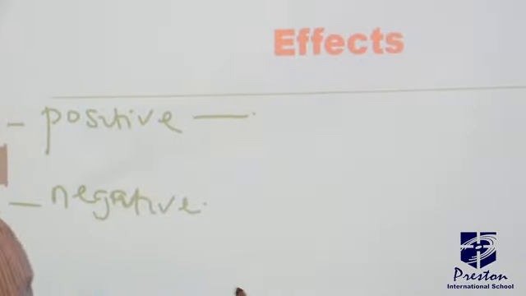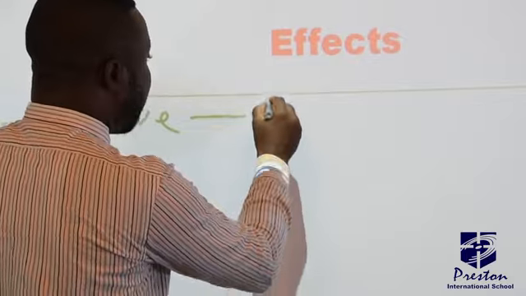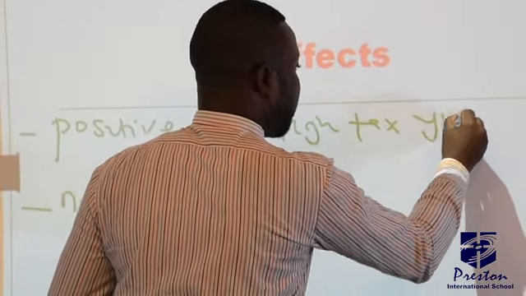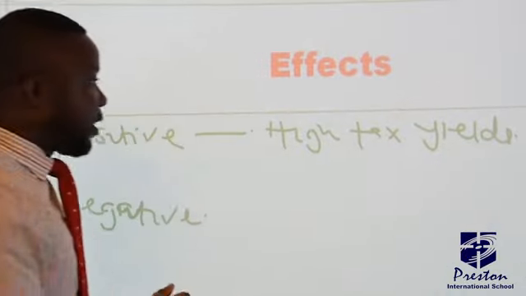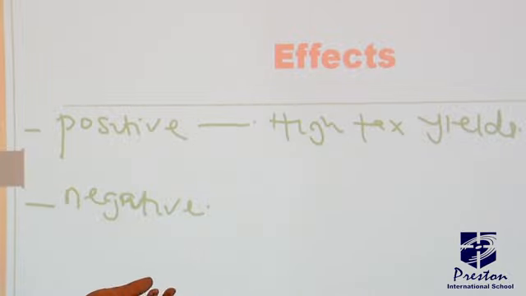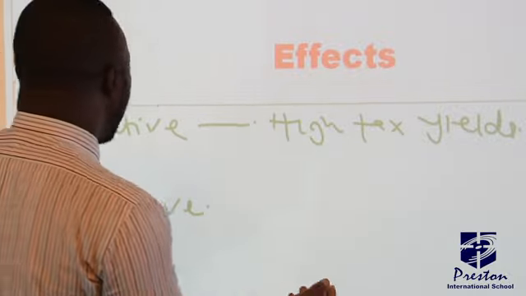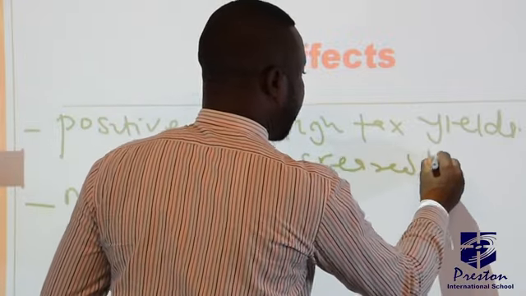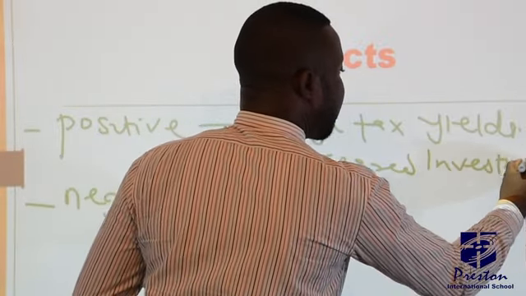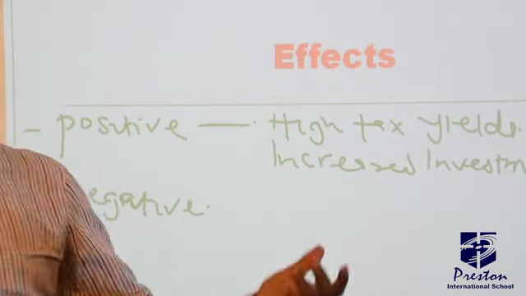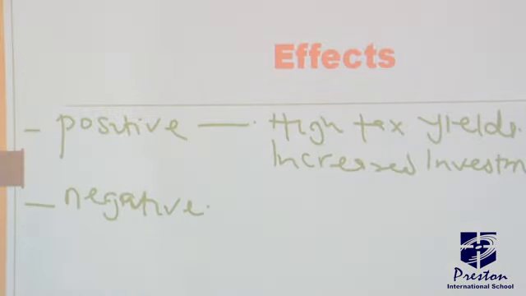Number one, during the period of inflation, there are high tax yields for the government because the government will be able to generate more revenue. Number two, there will be increased investment in the economy, because companies will be able to invest.